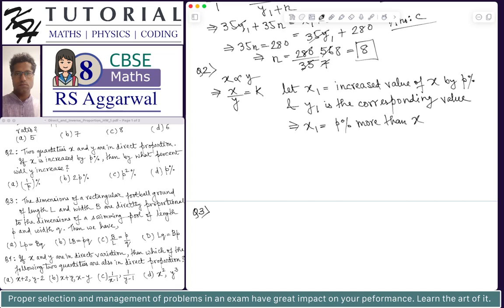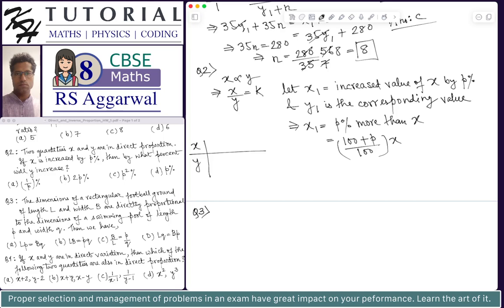p% more than x, which is equal to 100 plus p divided by 100 multiplied by x. Now if you tabulate the quantities, we have x and y.